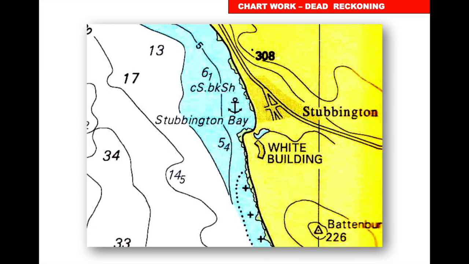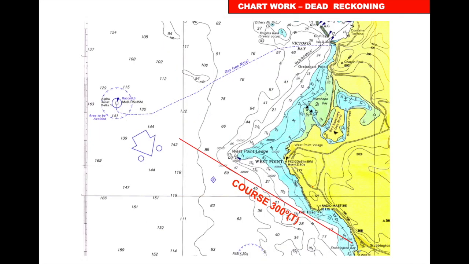So we find Stubbington Bay, and we start from the anchor symbol in the anchorage in Stubbington Bay. So from the anchor symbol, we put 300 degrees on our plotter, big arrow in the direction we're going, little arrow towards the top, draw a line, and that's our course of 300 degrees true.